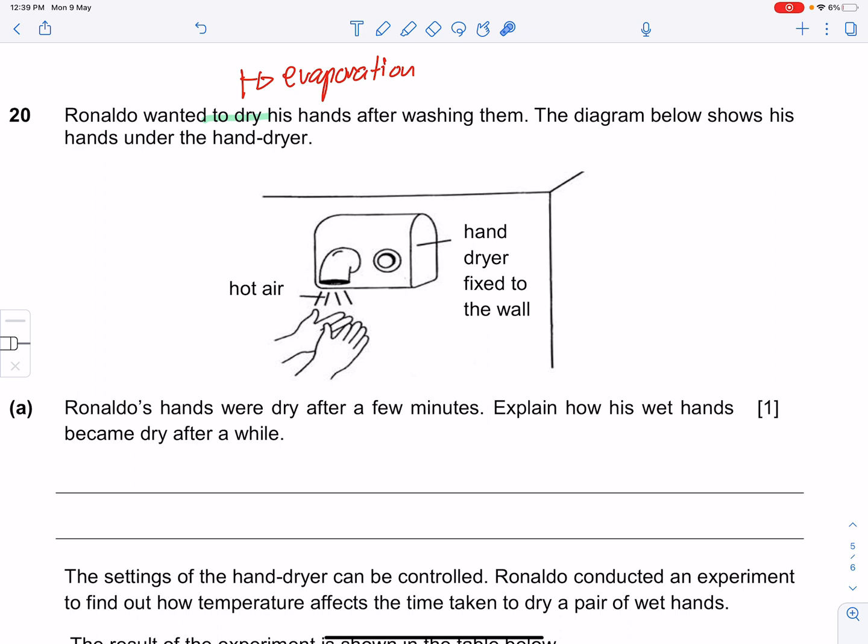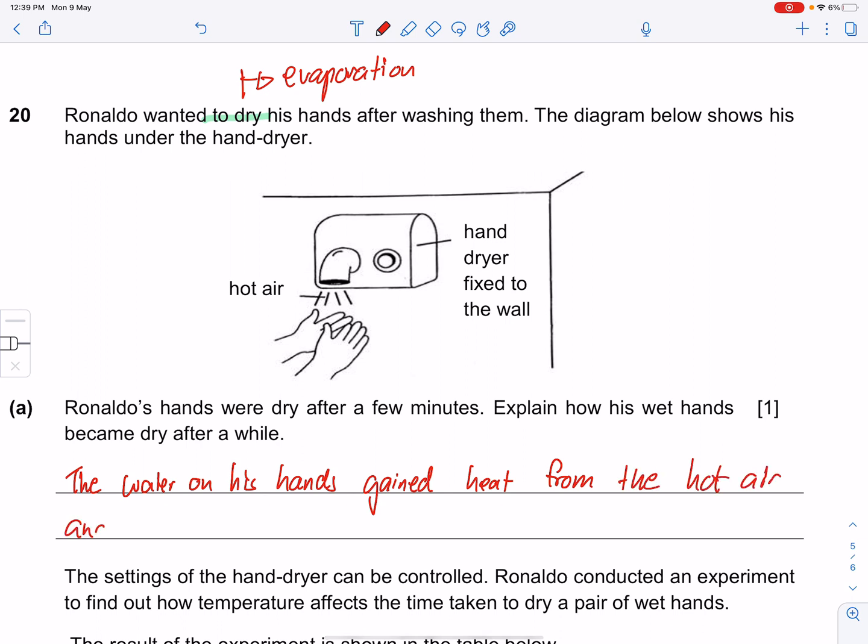In order for evaporation to happen, you need heat, correct? Your hair dryer is hot. So you need to say that the water on his hands gained heat from the hot air and evaporated.